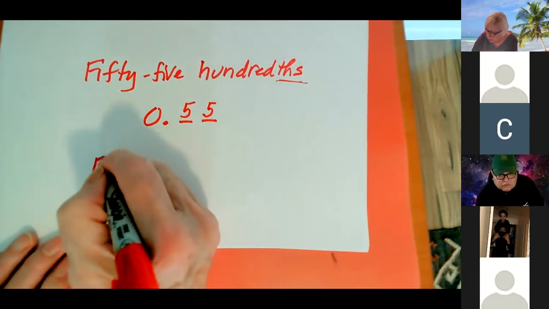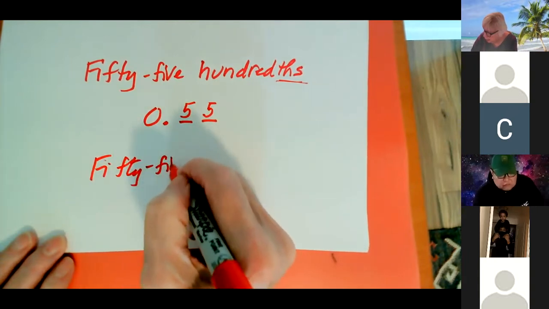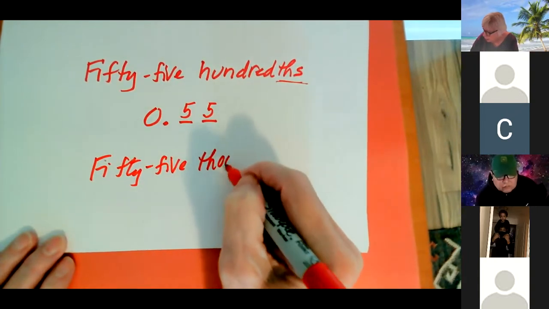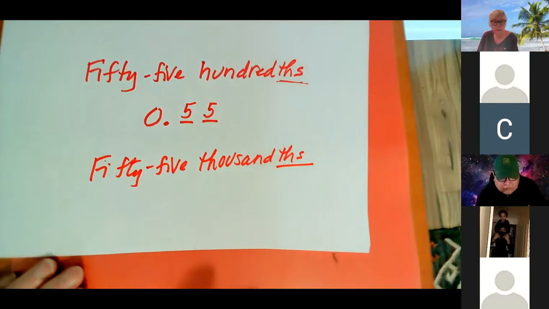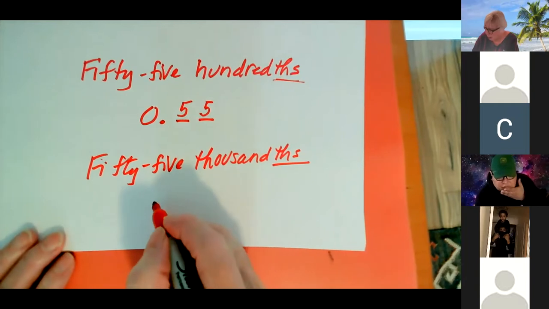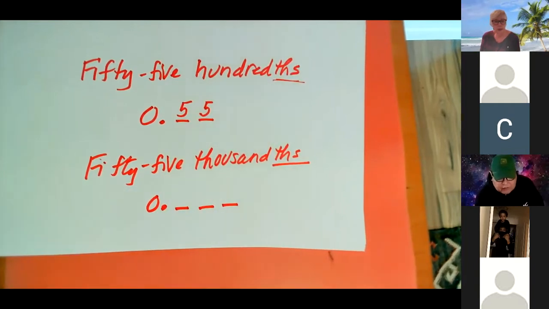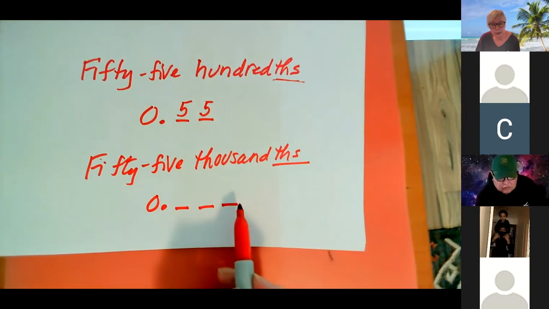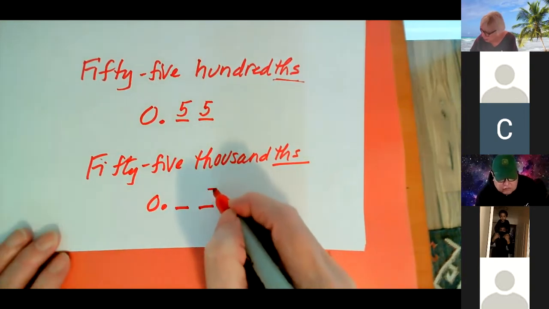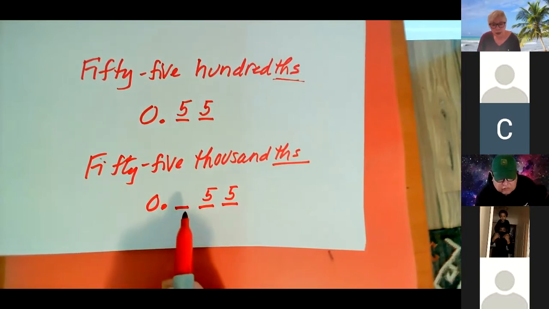On the other hand, if you have 55 thousandths, THS, again, tenths, hundredths, thousandths. The 55 doesn't start here. It has to back up to here. And so it would have to go there. Well, I don't have a number here.